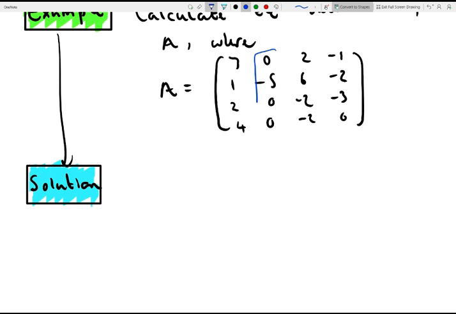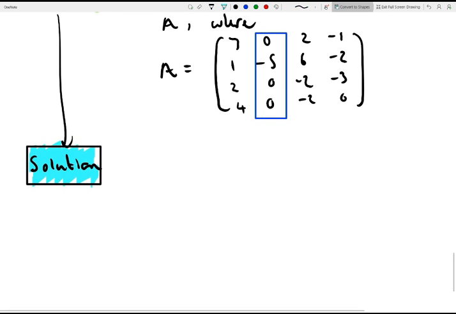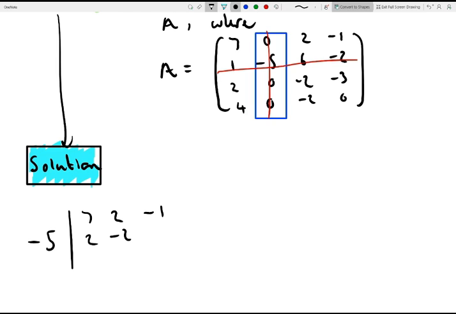So if we choose column 2 here, then we only have to deal with the minus 5, which is in the plus position, so we have plus a minus 5 multiplied by the minor that's left, 7, 2, minus 1, 2, minus 2, and minus 3, and 4, minus 2, and 0.